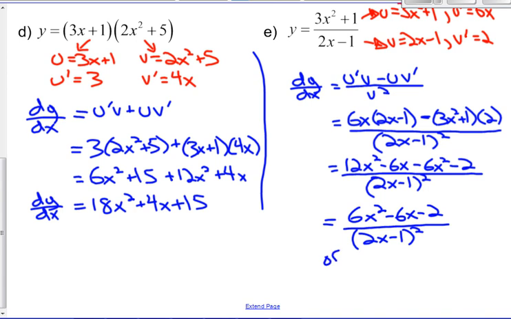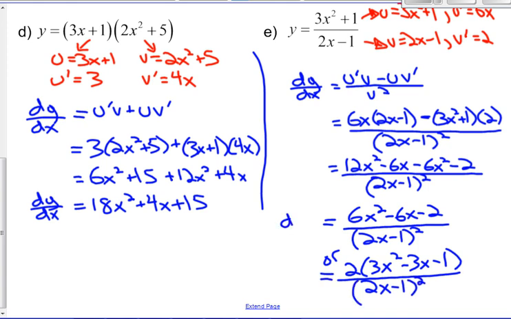And if you like, you can factor the top. It's a good habit to get into, just in case there's anything that divides out. In this case, though, there isn't anything that divides out, so it doesn't get us a whole lot further ahead. So I'd accept either one. But those are two equivalent expressions for dy by dx, and all we did was follow the quotient rule.